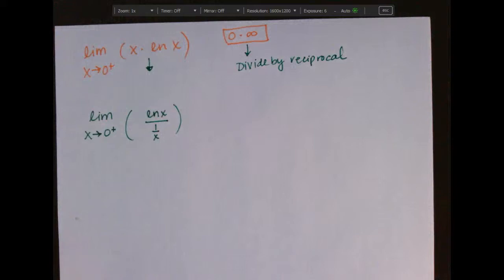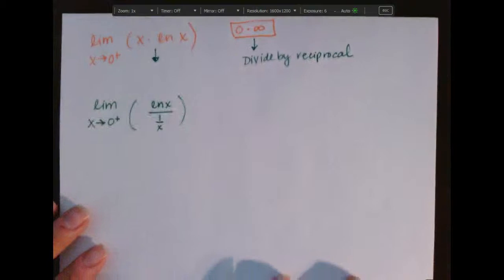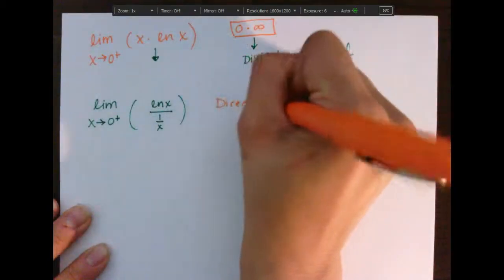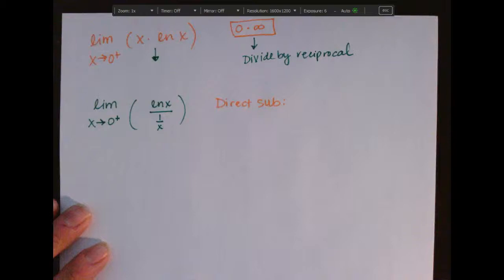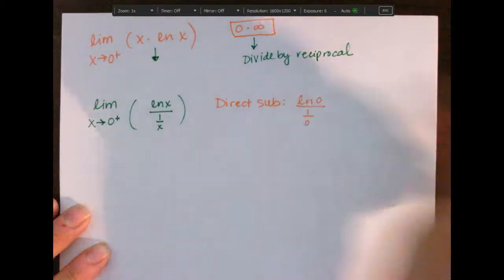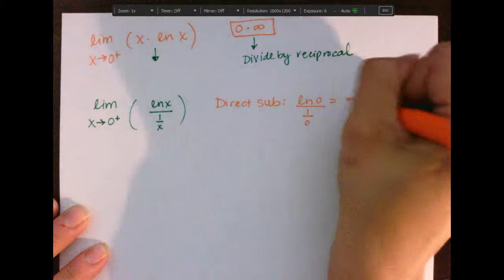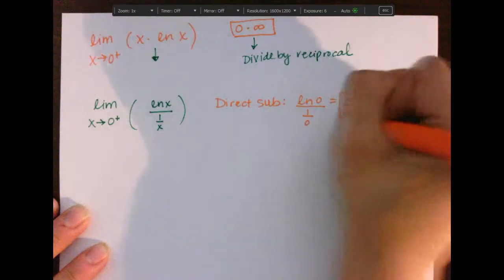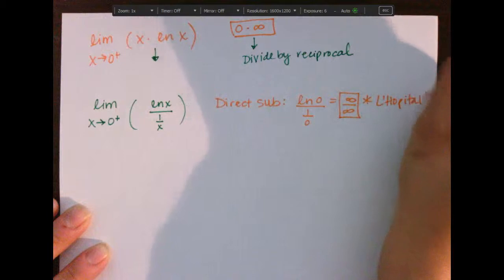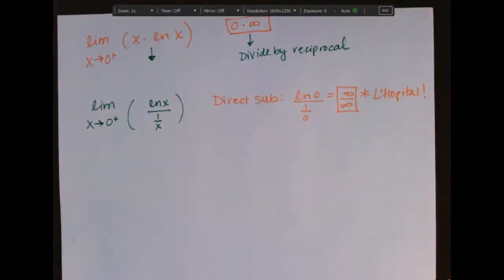So that is an equivalent form. And now let's see which form that is. If I use direct substitution, I'm going to get the natural log of 0 over 1 over 0, which is infinity over infinity. So that's a huge accomplishment. We've now gotten it into a L'Hopital form, which means that I can use L'Hopital's rule.